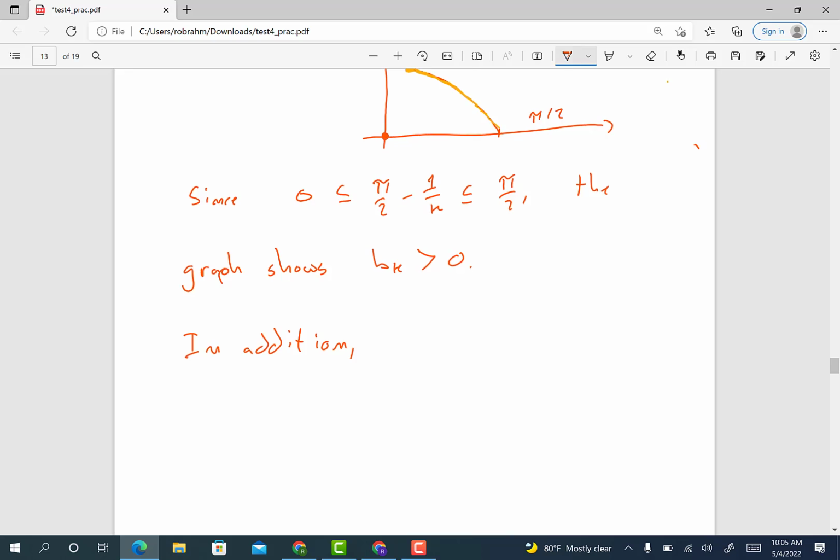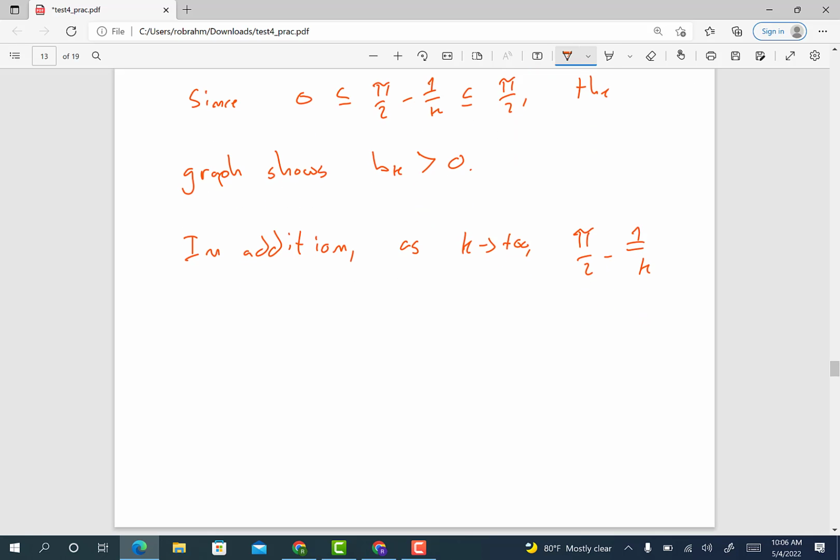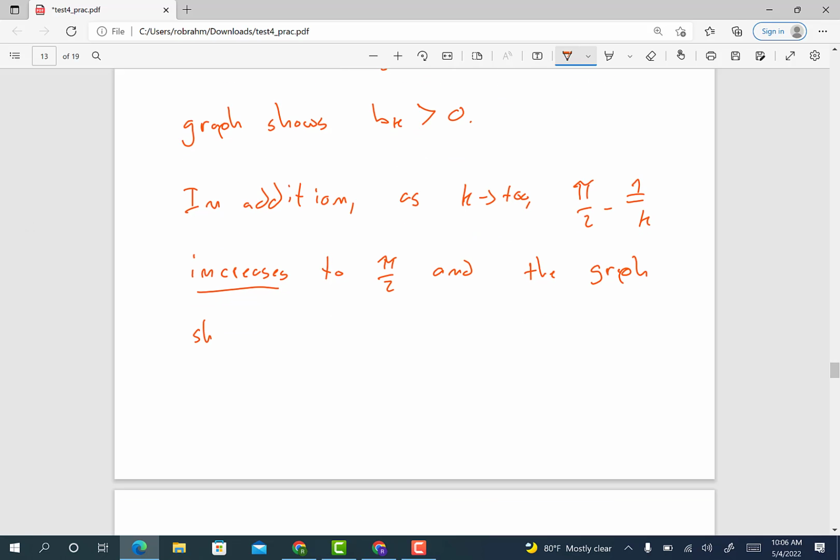Okay, so in addition, as k goes to infinity, pi over 2 minus 1 over k increases to pi over 2, and the graph shows that as the argument to cosine increases to pi over 2, the cosine function decreases.